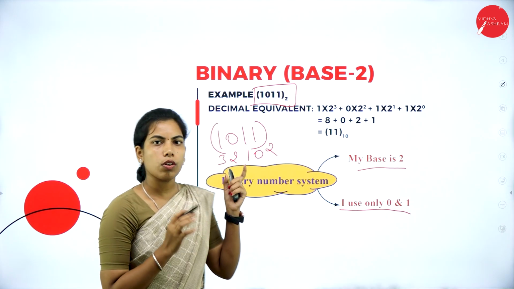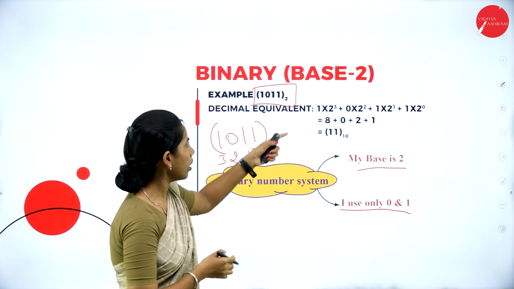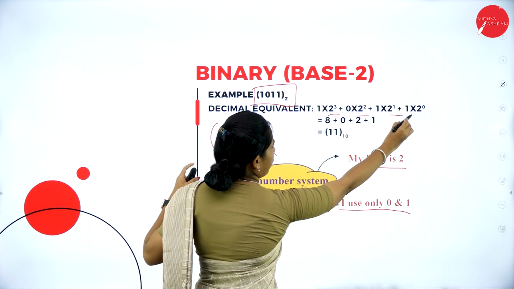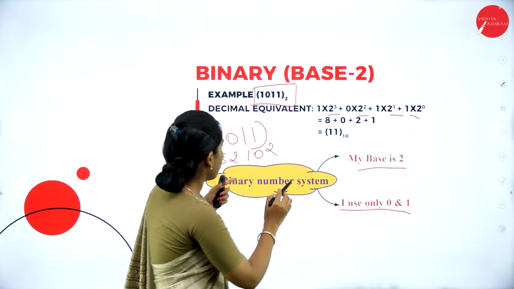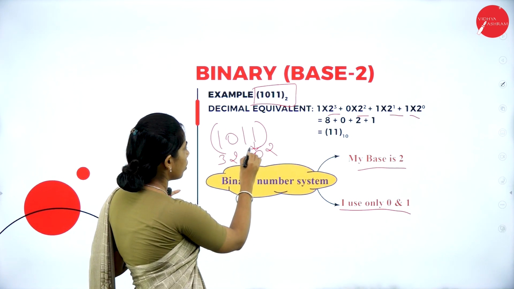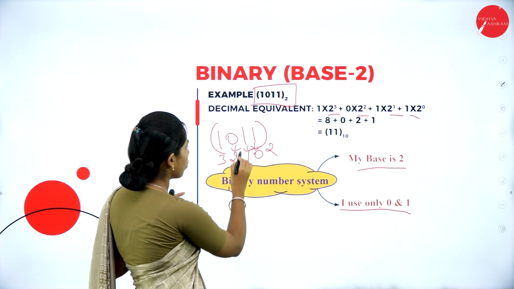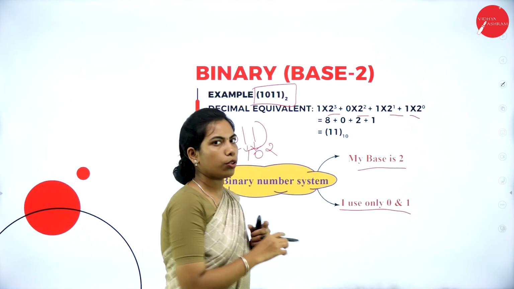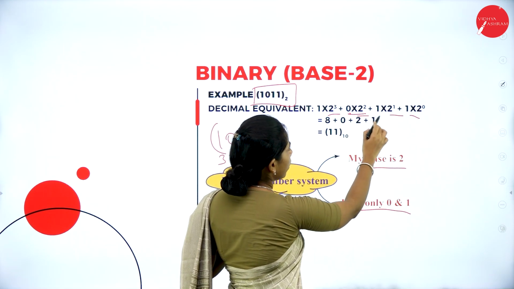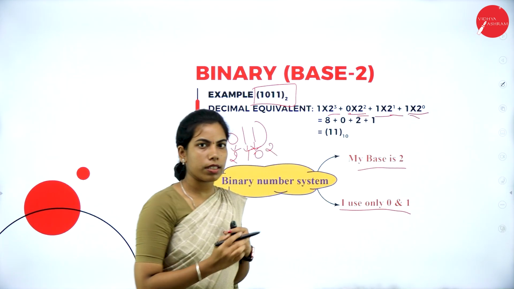So the base is 2. Got it? So 1 into 2 power 3, 0 into 2 power 2, 1 into 2 power 1, 1 into 2 power 0.